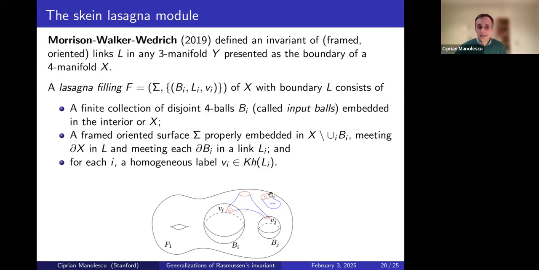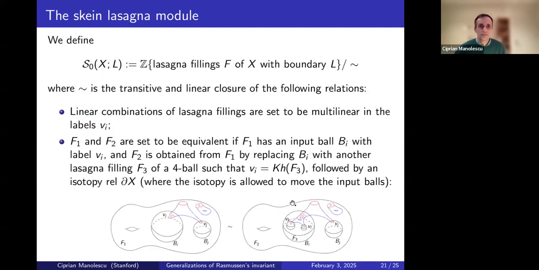We're trying to define something like the Khovanov homology of this link, but this lives in a different 3-manifold. So what can we do? We take a linear combination of all the fillings with that boundary, and we divide by an equivalence relation as follows. We make everything multilinear in these v_i, but more importantly, we allow that if we fill in a ball, we set these two things to be the same.